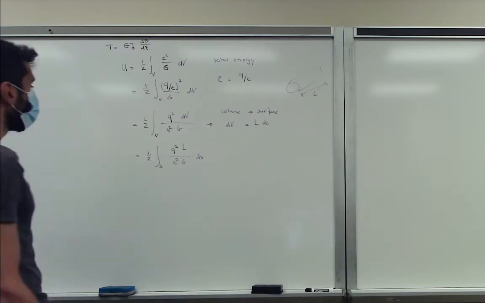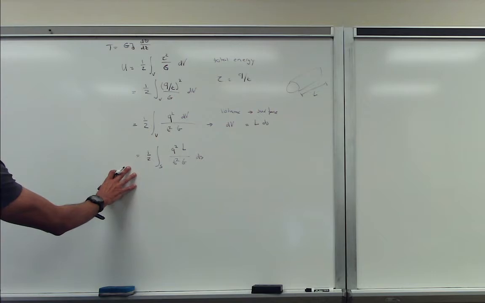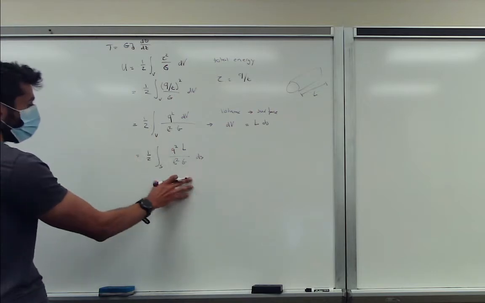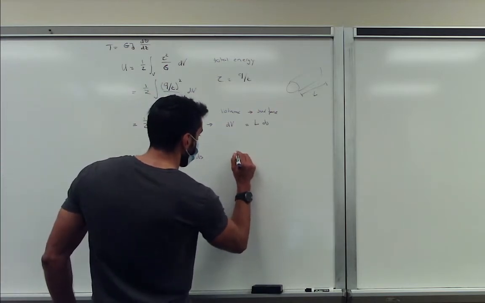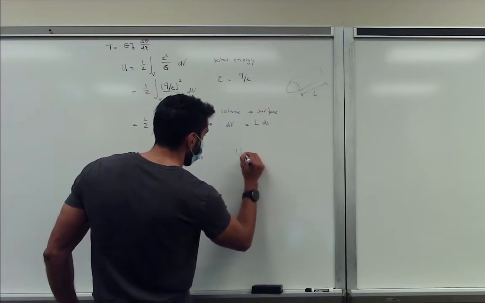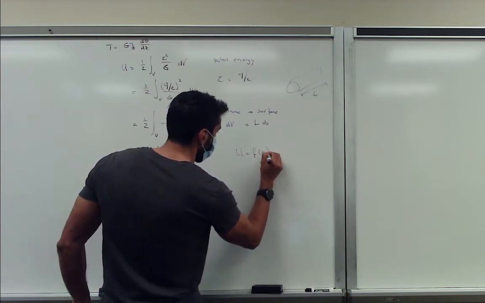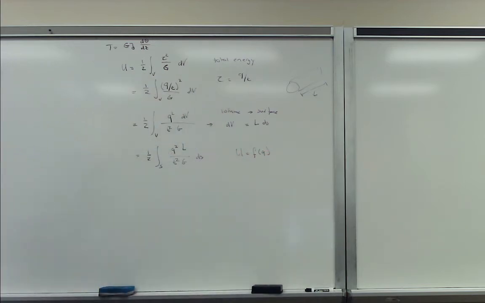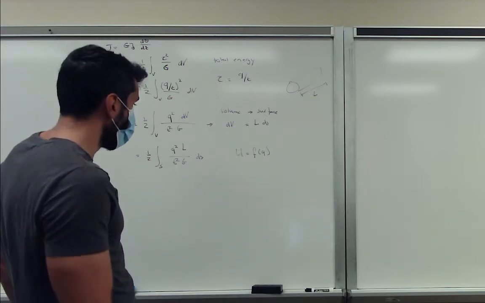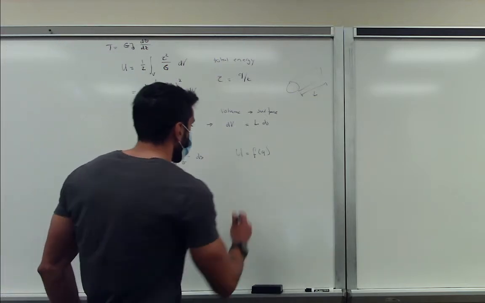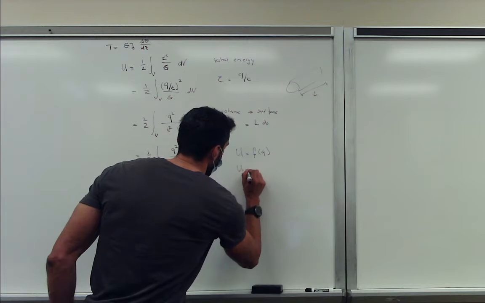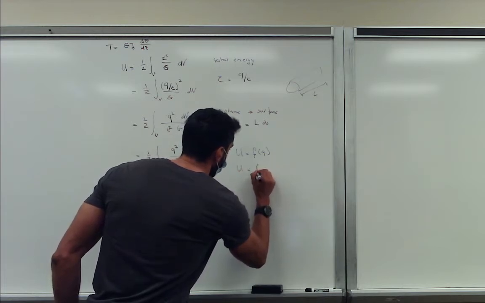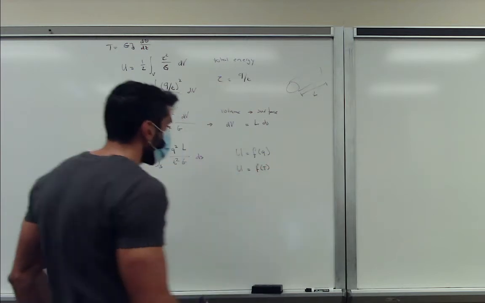And we also know we have now the total energy as a function of our shear flow. So let's say U as a function of Q. And we also know that the total energy must be equal to the total energy due to the torsion, say function of torsion.